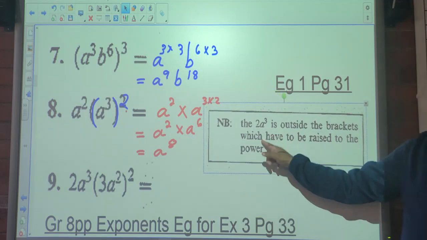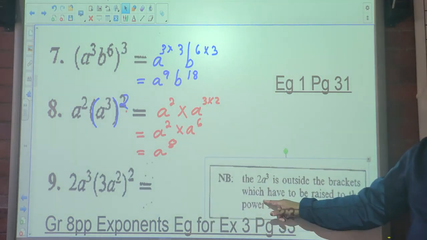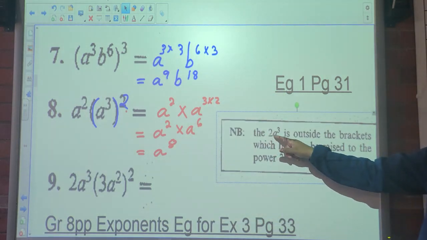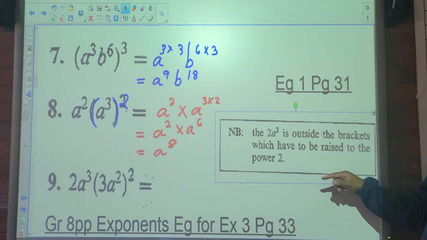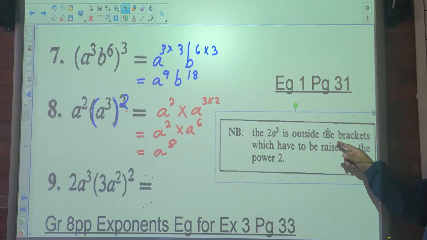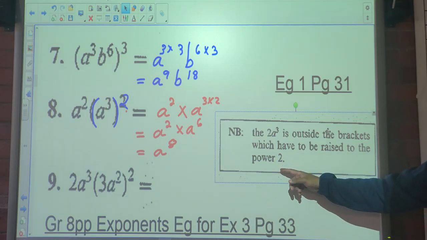You are again told here, important to note, that 2a cubed is outside the brackets, which have to be raised to the exponent 2. That's not right, is it?